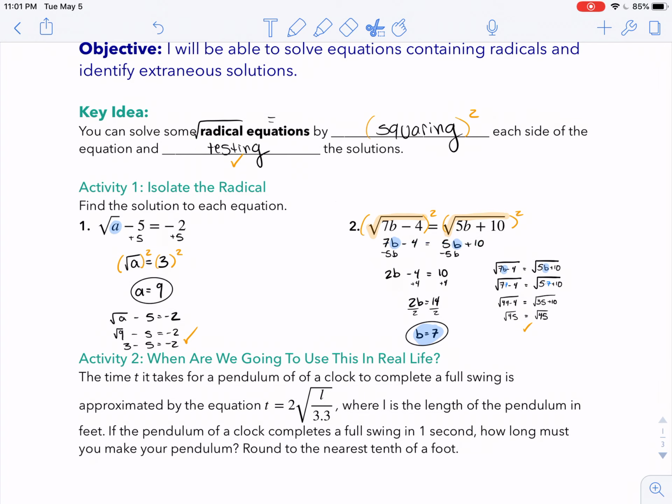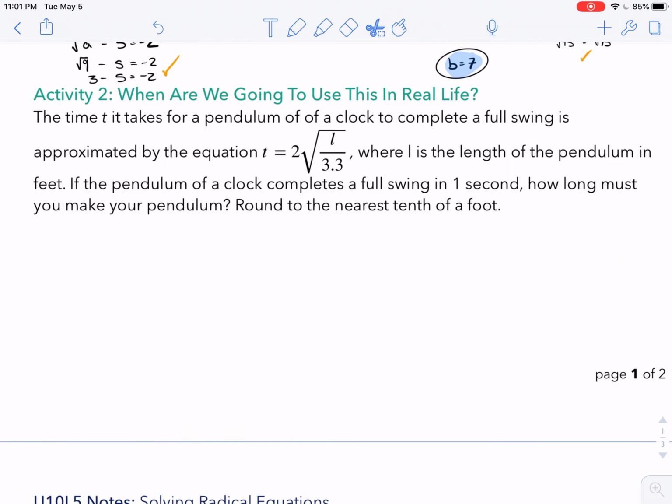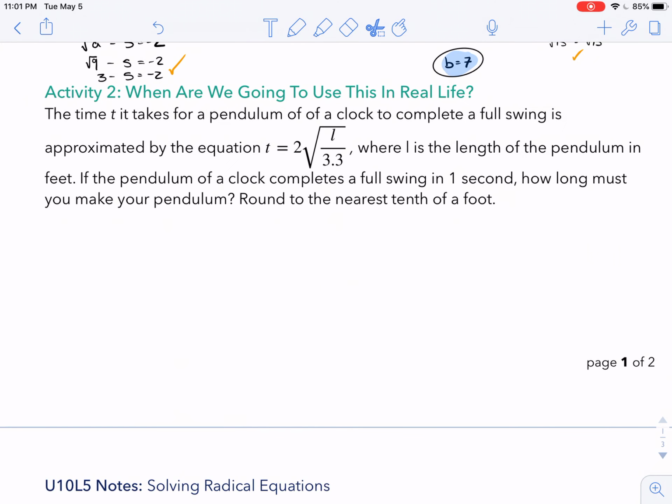Super. Great, right? Okay, Miss Van Dyke, but when are we going to use this in real life? Well, you're going to go into clockmaking. Let's say you have a pendulum on a clock. Y'all know what a pendulum is? A pendulum is if you have a clock and you've got that thing hanging down and it goes back and forth.